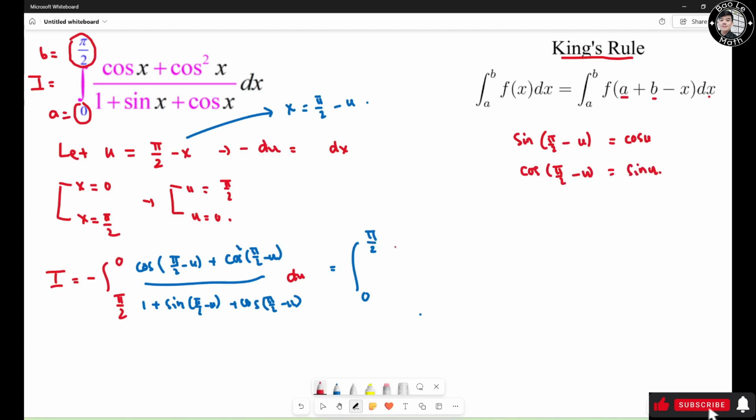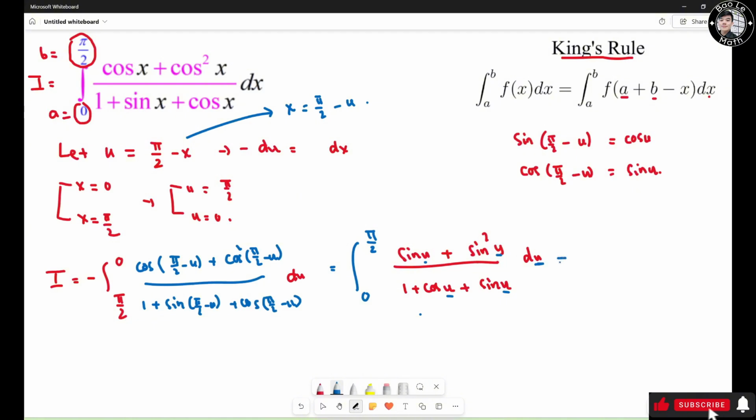This turns out to be sine u plus sine square of u over 1 plus cosine u plus sine u, du. Since this variable is the same as this variable, I just replace this one with s.